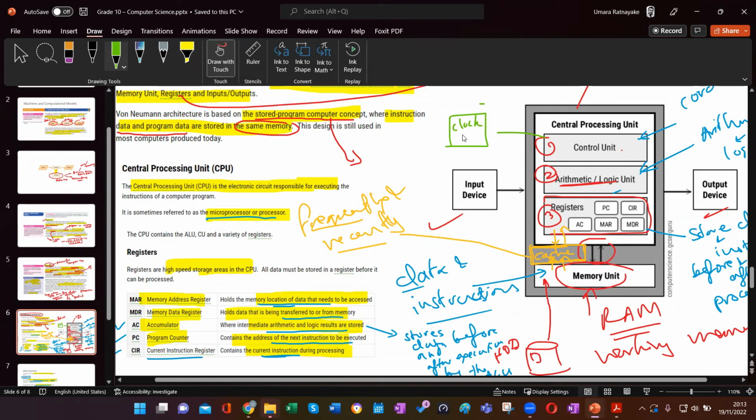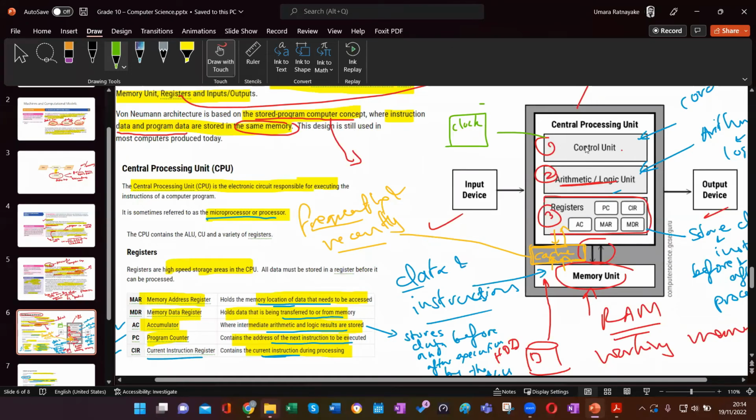An internal clock. So in this architecture, if they have given a rectangle that is connected to the control unit, it has to be the clock. Or let's say these two rectangles are blank, but you see another rectangle joined to the control unit, I mean the top rectangle.